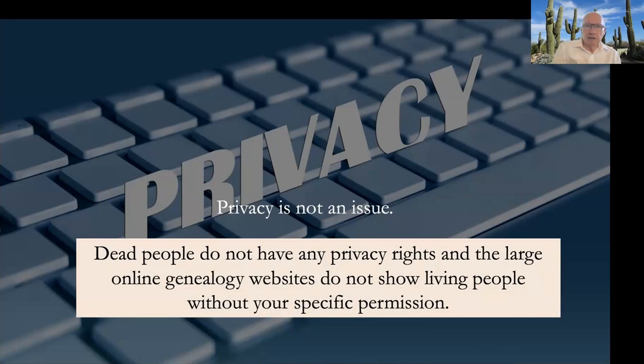The only major exception to that is the claim of people whose estates make claims. In other words, if you are a famous person and a persona like Elvis Presley, and then his descendants had a claim on his property rights, but that's not privacy.